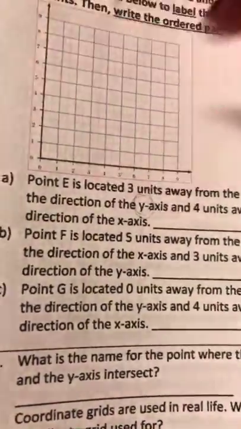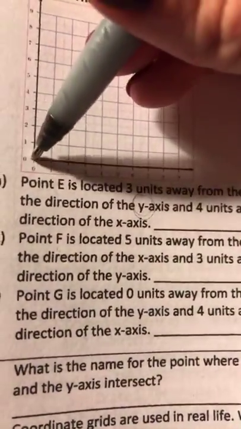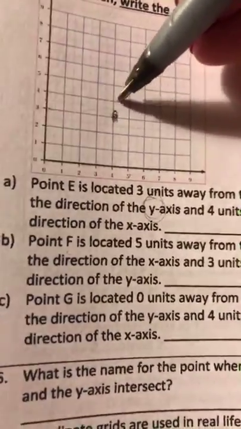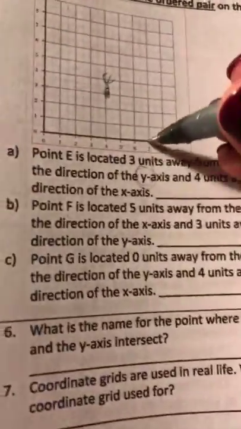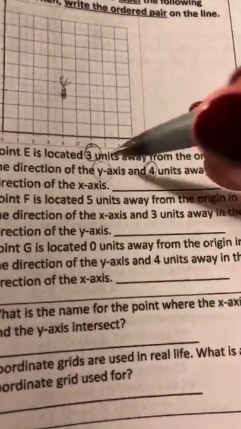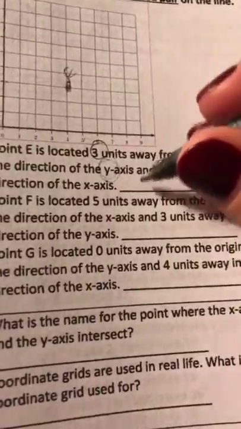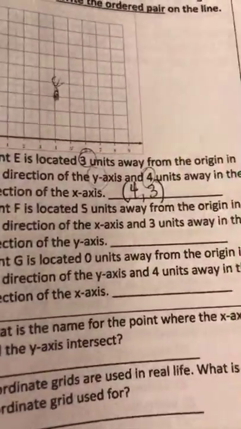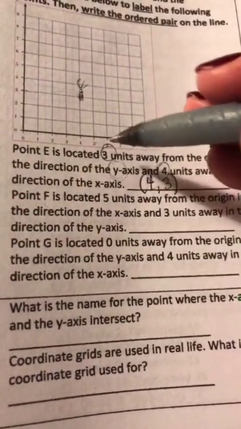If I needed to plot that to visually see it, I could realize that I'm going to go up 3 and over 4, because that's what it just told me. And there's E, and so E is located at 4, 3. Notice that the numbers are backwards. They're not in the same order. This is not going to be my first number because this is my y coordinate, and I know x goes before y. So I'm going to label this as 4, 3. 4 is my x, 3 is my y.